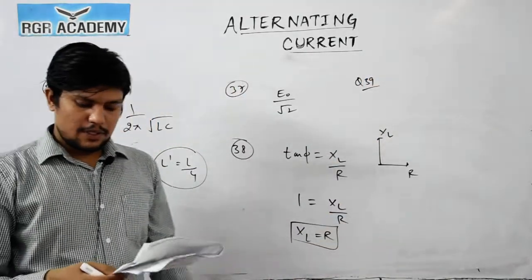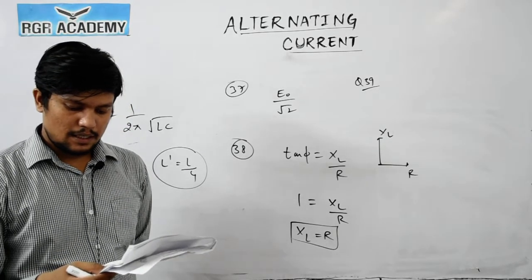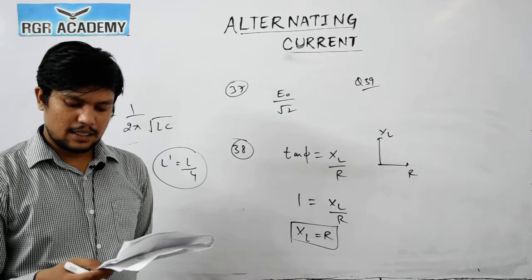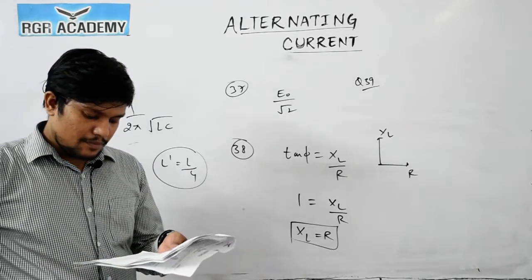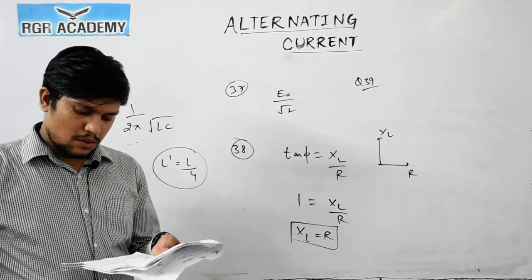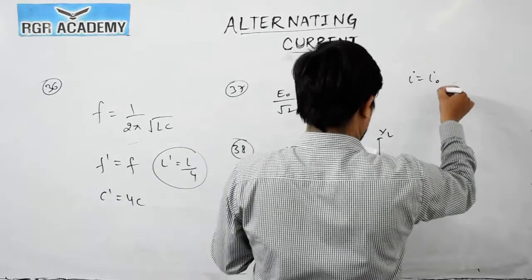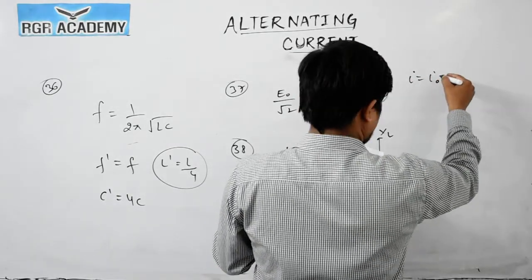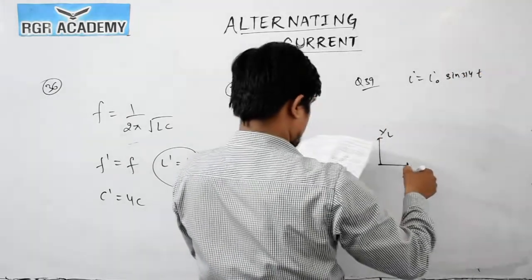Now question number 39. The instantaneous values of current and voltage in an AC circuit are given. If the resistance is 1 ohm, then the reactance of the circuit will be what? The current is given as I equals I naught sin 314 t ampere.